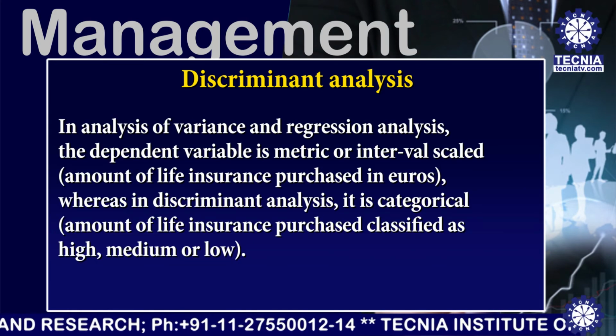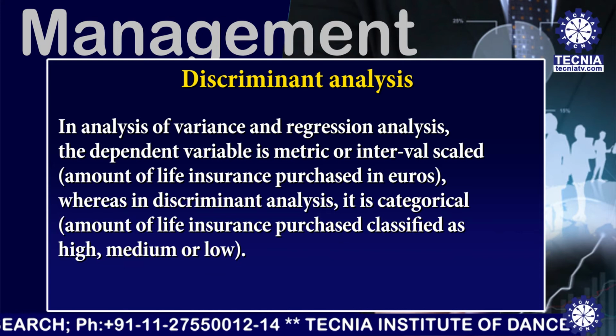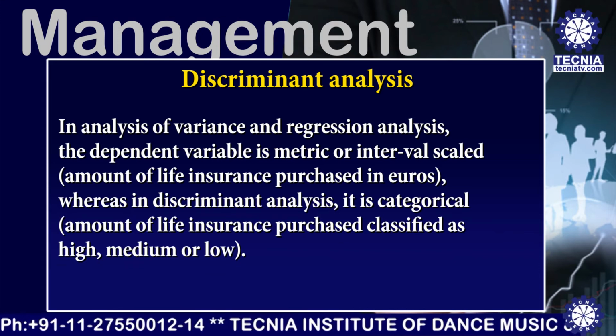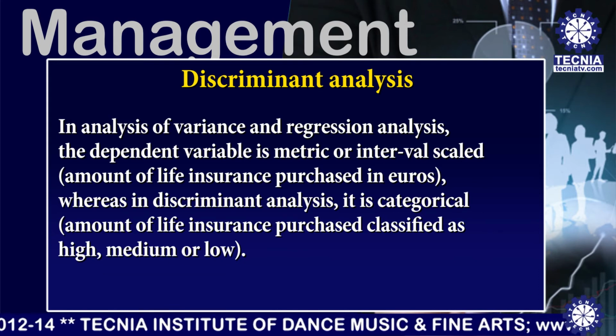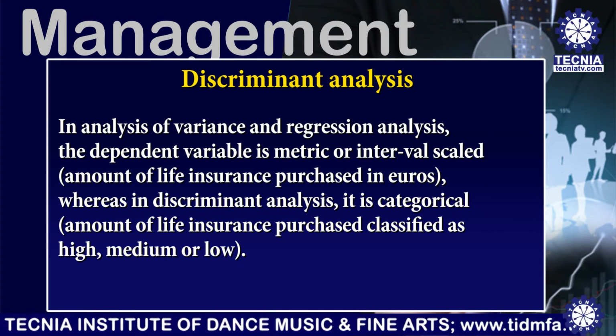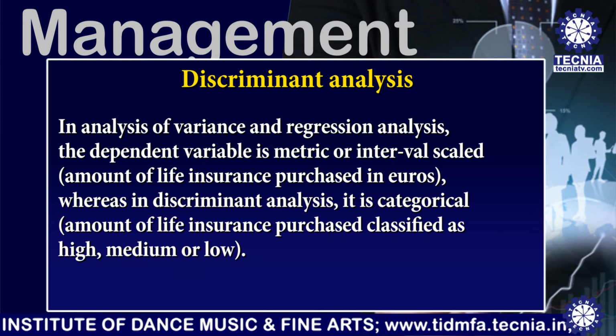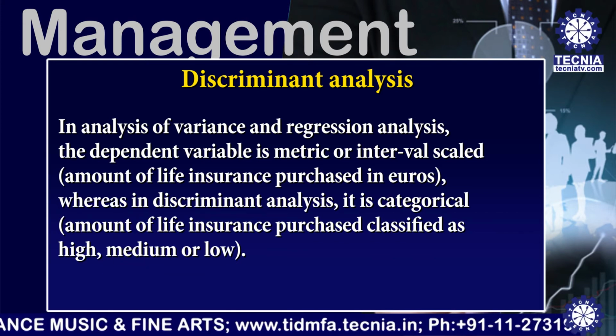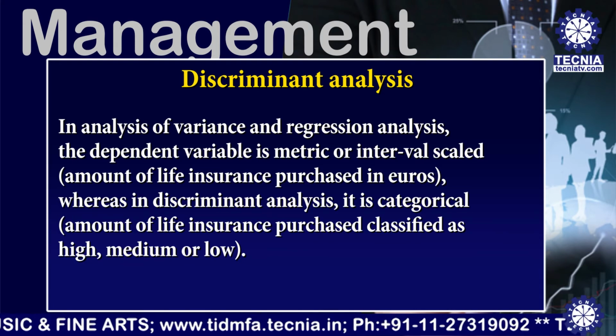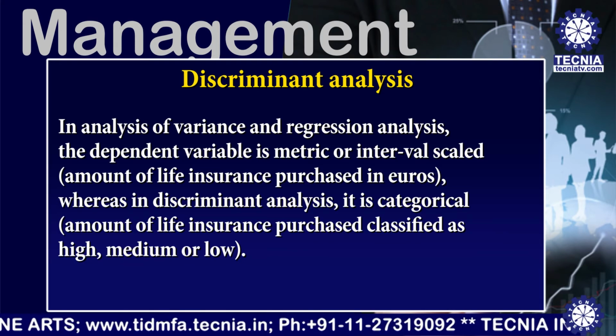In analysis of variance and regression analysis, the dependent variable is metric or interval scale, here mentioned as amount of life insurance purchased in rupees, whereas in discriminant analysis it is categorical, that means amount of life insurance purchased classified as high, medium or low.